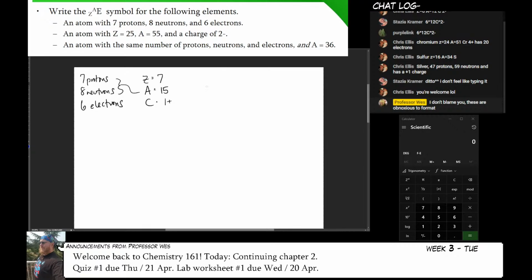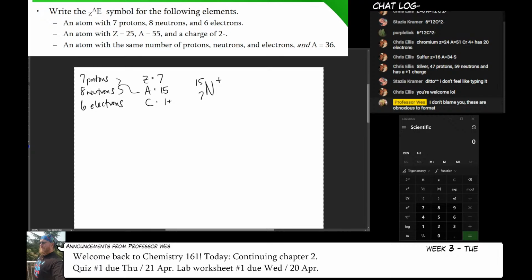So our symbol would be this. We put nitrogen, put Z there, put A there, and put the charge up there. I'm just looking in the answers to see if anybody did that one.